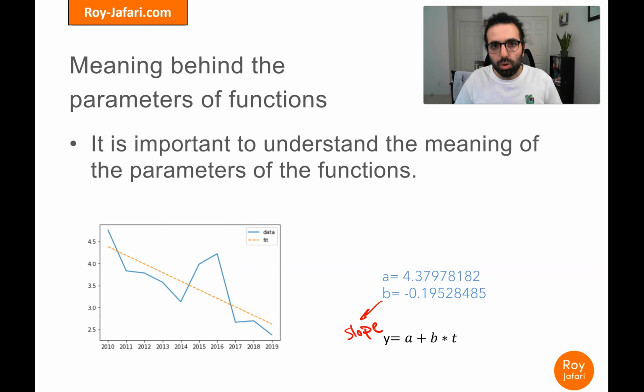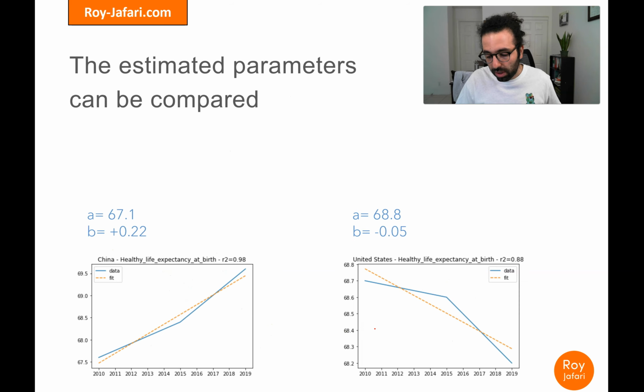And because we do know what these are, what they mean, that can be used as an analytic tool on its own, a standalone functional data analysis. But not only that, we can also compare these parameters and they still make sense. For example, here on the left, we see the healthy life expectancy for China at birth. It was at 67.1 in 2010, and it had an improvement slope of 0.22.